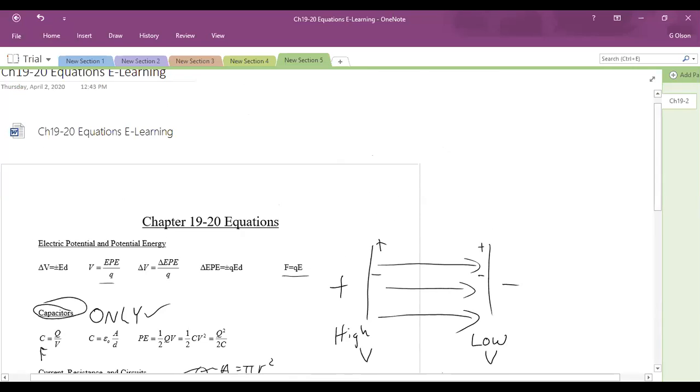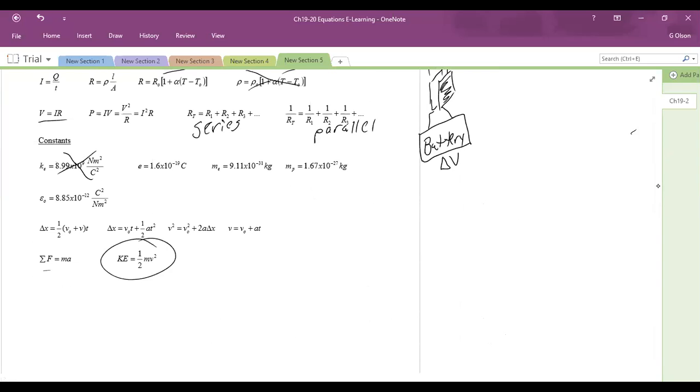Usually you'll know the potential difference, you know what the charge is, you can get that change in potential energy. If I release a negative electron here, it's going to go this way. It's going to lose potential energy. Where does that potential energy go? It goes into kinetic energy. So the amount of potential energy you lose will equal the amount of kinetic energy you gain. So you can solve for that change in potential energy, set that equal to change in kinetic energy, and get the speed that way.